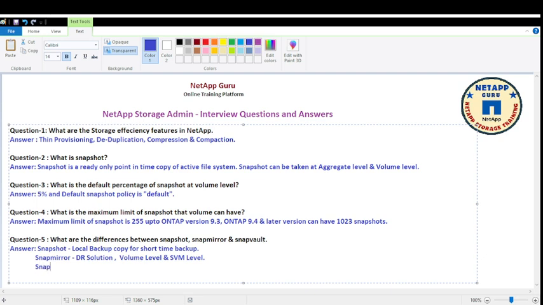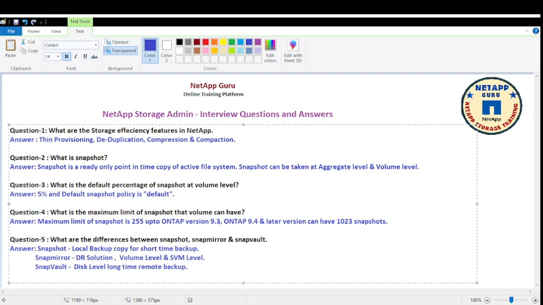Okay, SnapVault is basically a disk level long time remote backup, right?